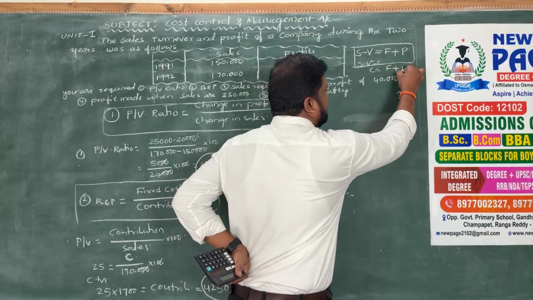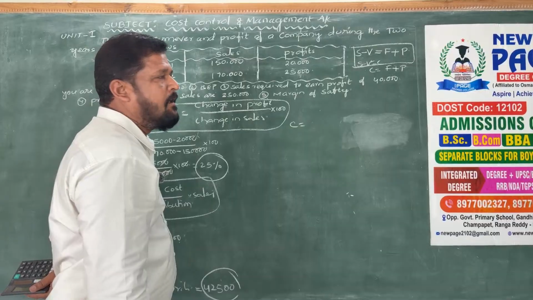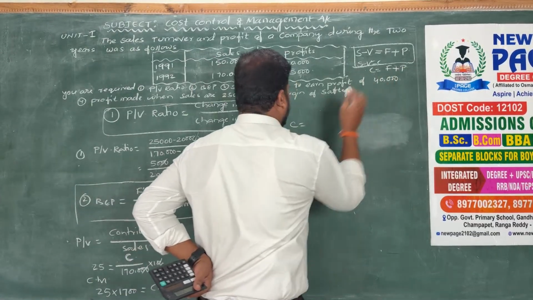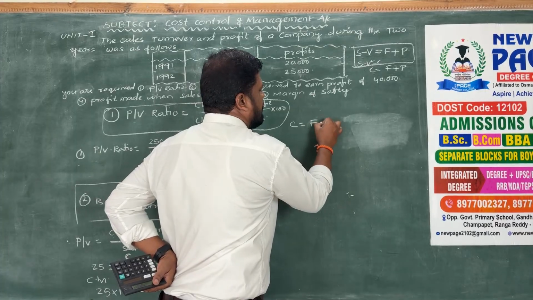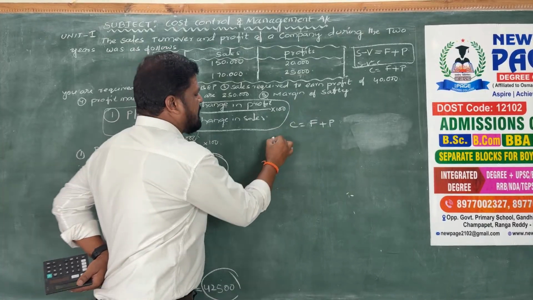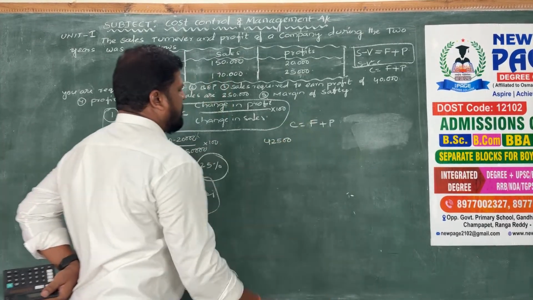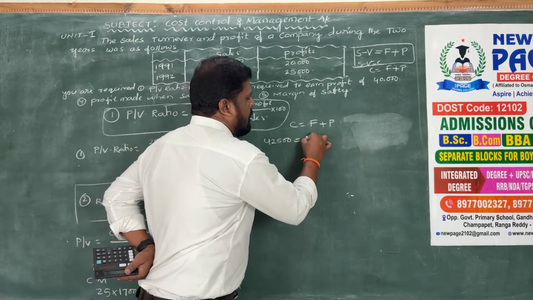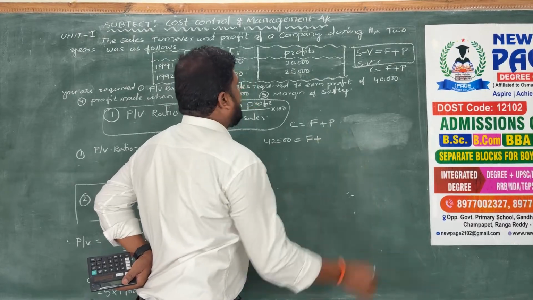Fixed cost plus profit. Right? Contribution is equal to fixed cost plus profit. So your contribution 42,500 is equal to fixed cost, F for fixed cost, plus profit.